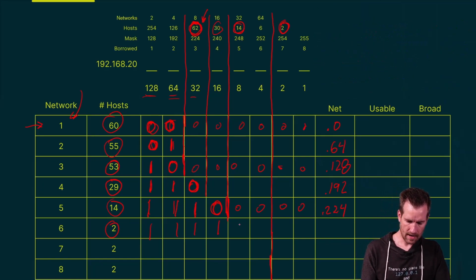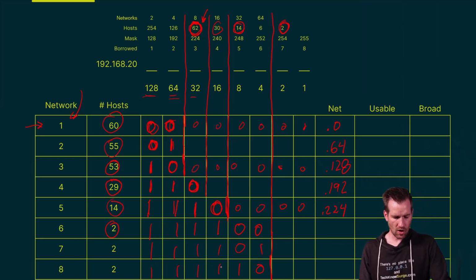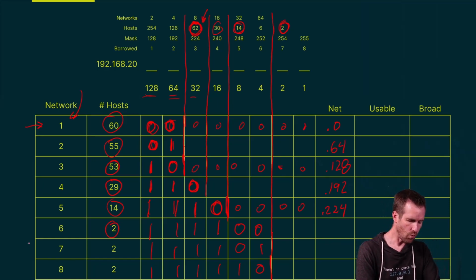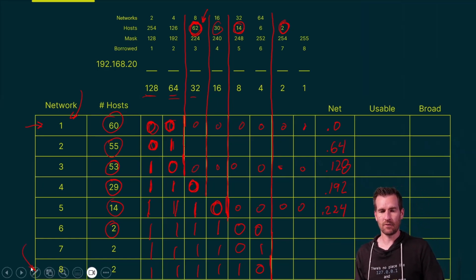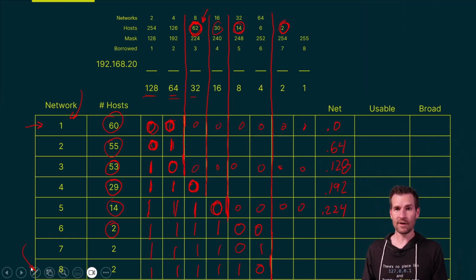So I could do a 00 on this first one, a 01 on the next one, and a 10 on the next one after that. I'll just drop these down here. I could actually have room for one more network down below. So if I needed one more network that just had 2 hosts on it, I could make that happen.